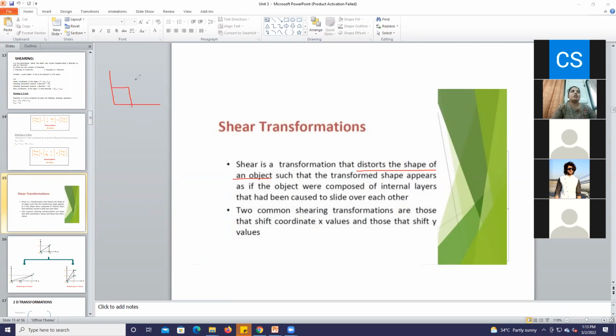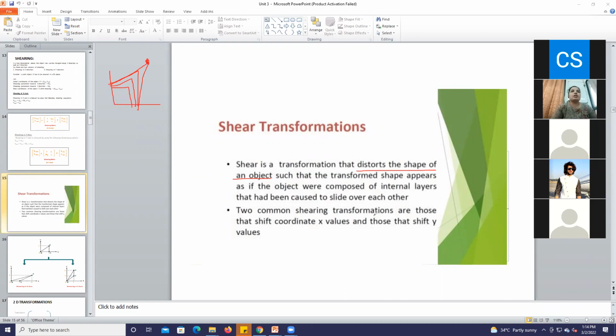If I expand this diagram here, what will happen? It will look like the layers of this object are sliding on each other. So that layer is sliding on each other, and finally I am going to get this shape of the object. So distortion is taking place and it appears as if the object were composed of internal layers caused to slide over each other. So that is a very important thing.